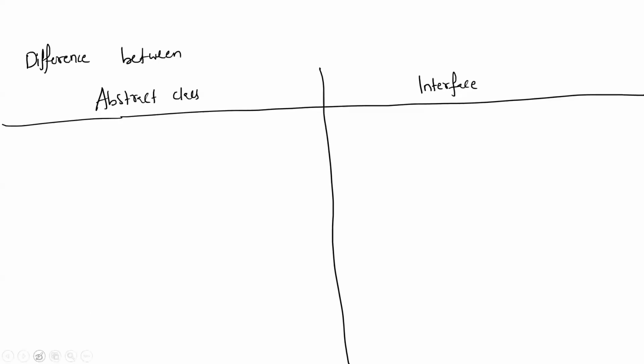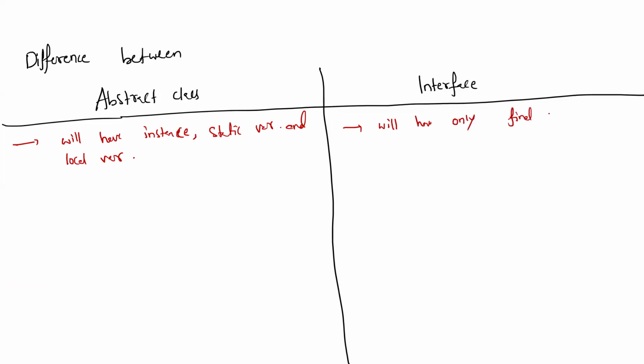In terms of variables, an abstract class will have instance variables, then static variables, and local variables also if you are using some method, because with a body, local variables. But an interface will have only final variables. Because here instance variables we can modify; here final, we cannot modify them.